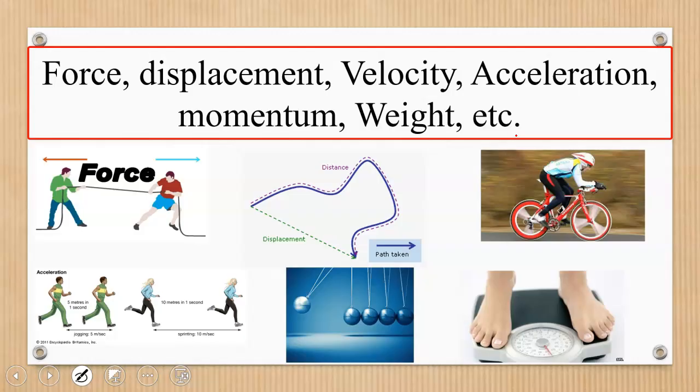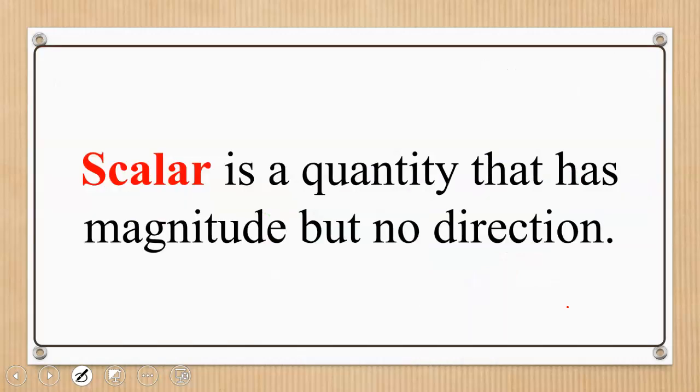Examples of vector quantities can be force, displacement, velocity, acceleration, momentum, weight, etc. Then we have what we call a scalar quantity, which is a quantity that has magnitude but no direction.